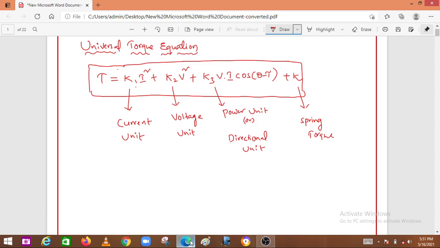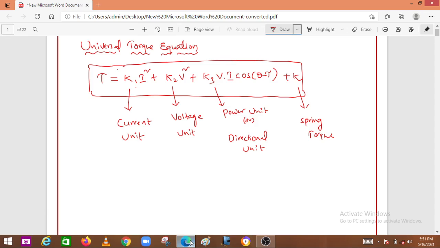If I want to discuss the overcurrent relay, I have to consider the current unit as well as the restraining unit. The remaining two components, K2 and K3, will become 0. If I am discussing the directional relay, then I have to make K1 and K2 zero, and consider this unit as well as the restraining spring torque only.